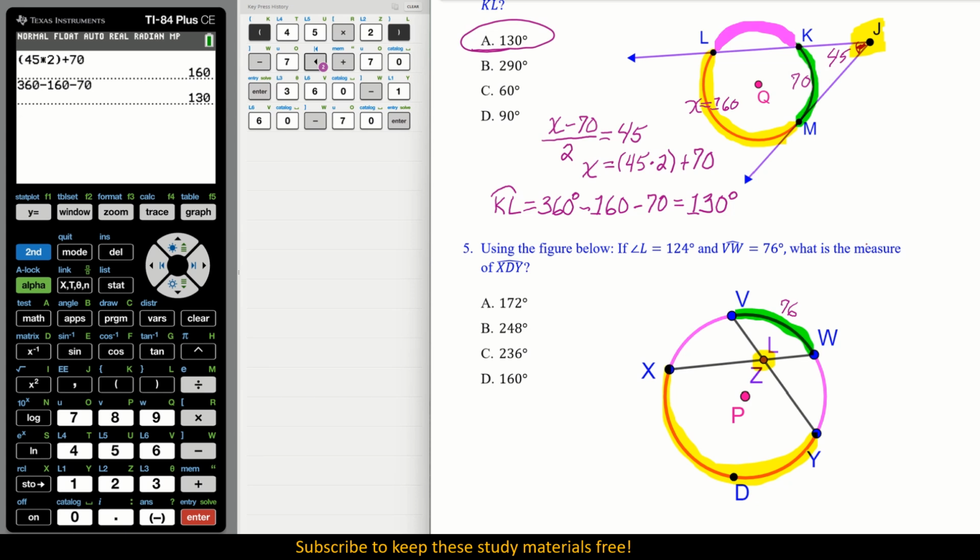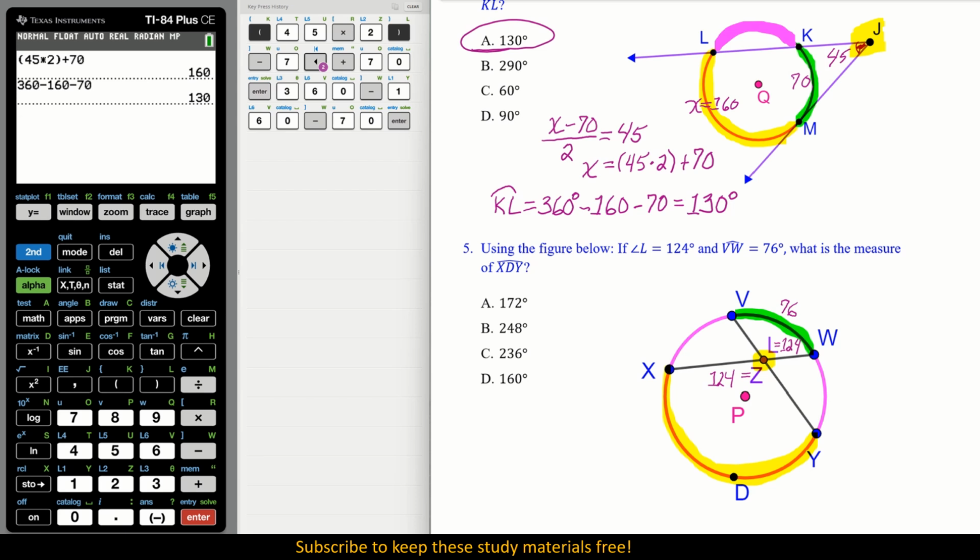However, we do know that L is 124 degrees. Well, because of the properties of intersecting lines, we know that Z is 124. Well, what does that get us?